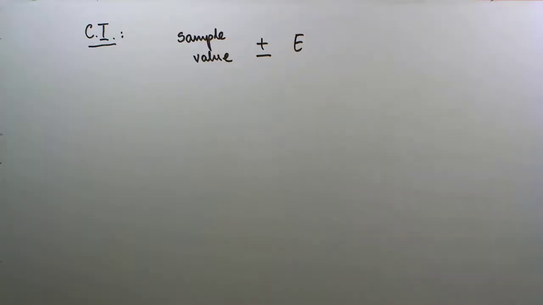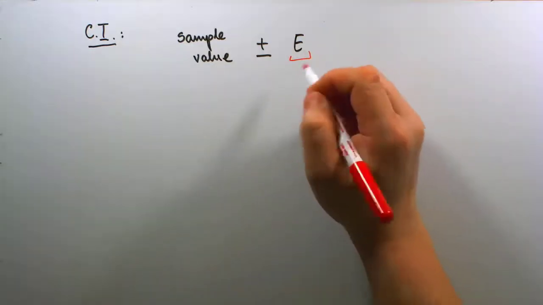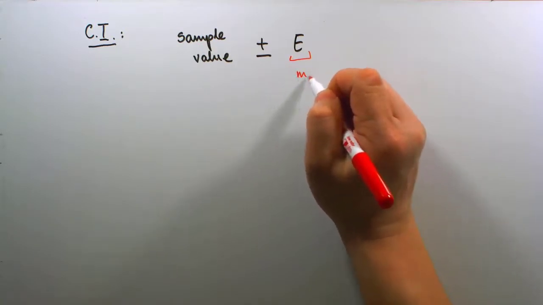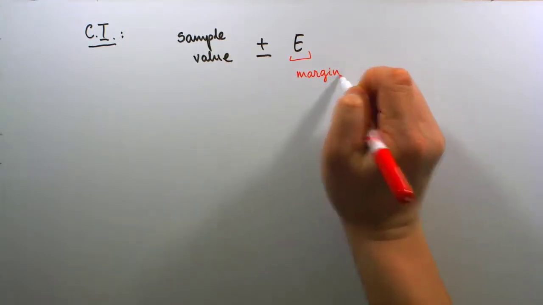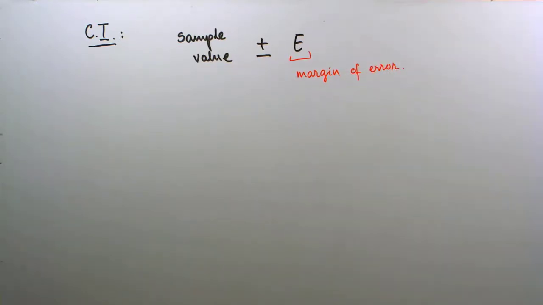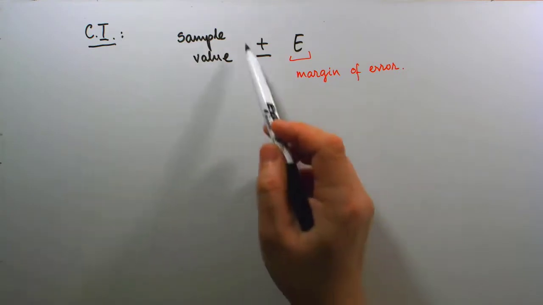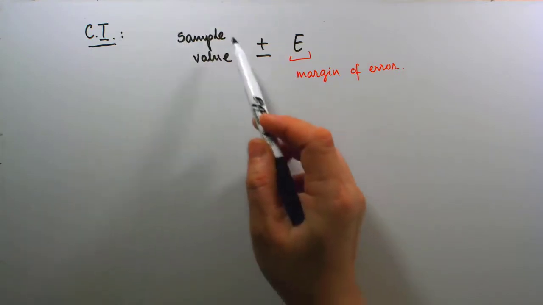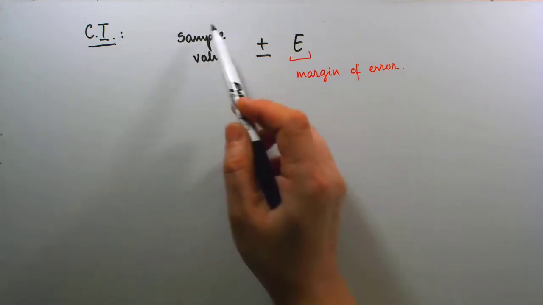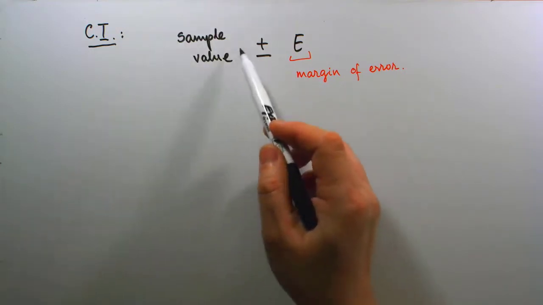And recall that this capital letter E is referred to as the margin of error. And so the sample value here is something that we can either always find on our own purposely, or we can always have this as given information.